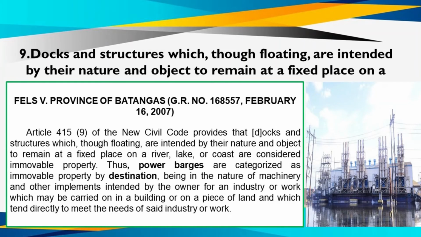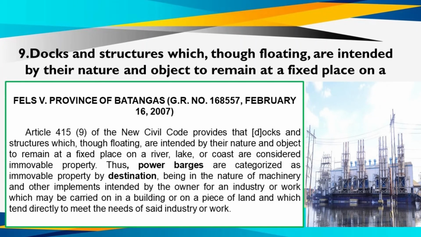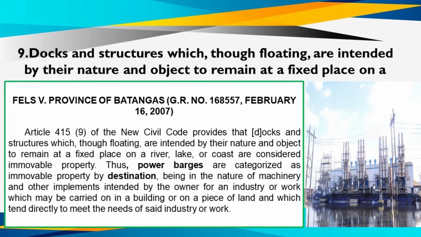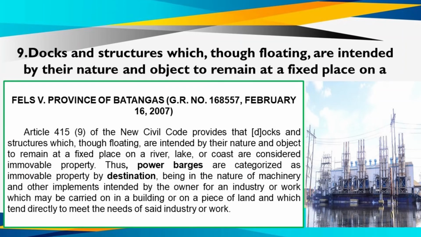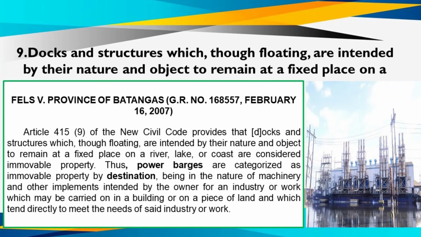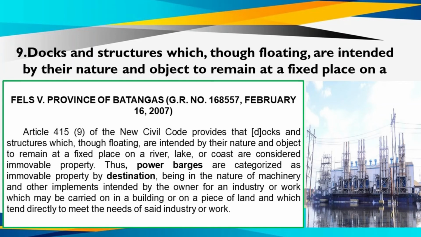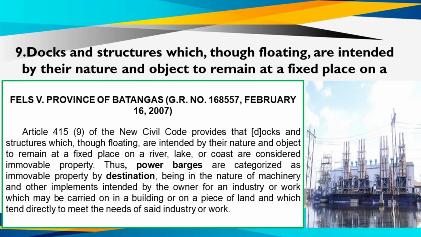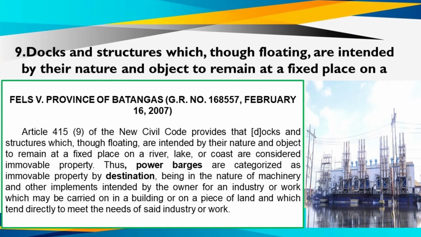Thus, power barges are categorized as immovable property by destination, being in the nature of machinery and other implements intended by the owner for an industry or work which may be carried on in a building or on a piece of land and which tend directly to meet the needs of said industry or work.